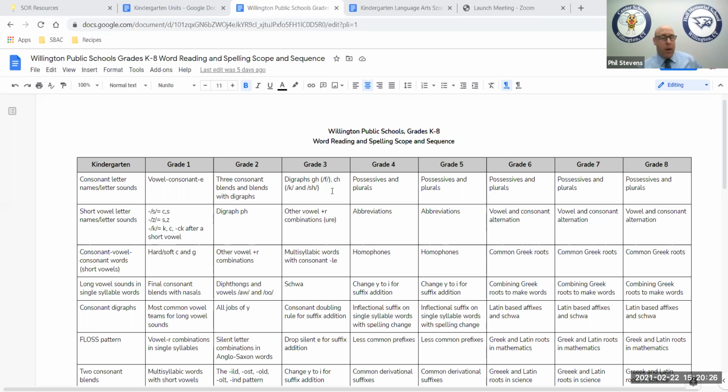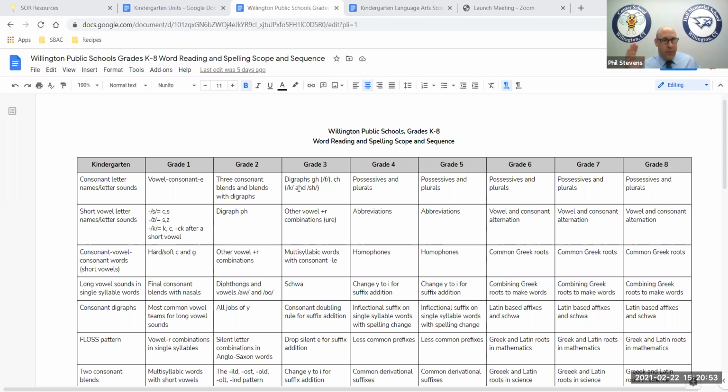I'm all set. That's what we want to see. We can see all of the skills, K through 8 on one page for this specific scope and sequence. And I think this will be spelled out more, no pun intended, when you share the lessons that are connected to it.